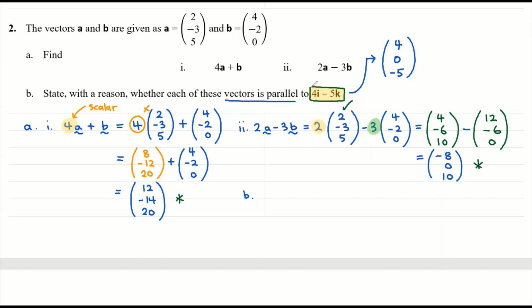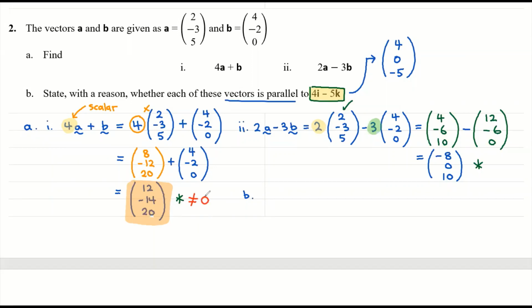Now we can straight away disregard the first one. Okay, this vector here can never be a scalar multiple of 4i subtract 5k. And the reason is, of course, because the j component is non-zero.